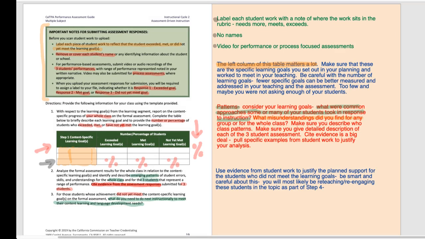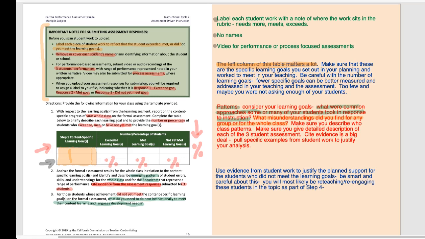So what misunderstandings did you find for any group or for the whole class? And if you have 3 or 4 students who all did the same thing in a way that doesn't quite work, then that's a pattern, and note it, okay? And you might describe why you think they went about that particular misstep or showed that misunderstanding.